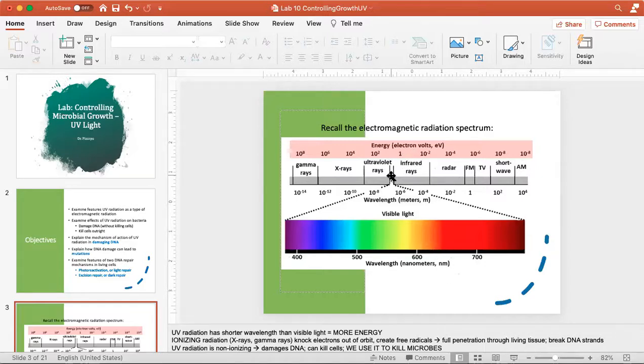Now we're leaving visible light and we're moving into more powerful, more energetic wavelengths. Ultraviolet is right there. So it's more powerful than visible light, more energetic, shorter wavelength. Then we get into X-rays, then we get into gamma rays.